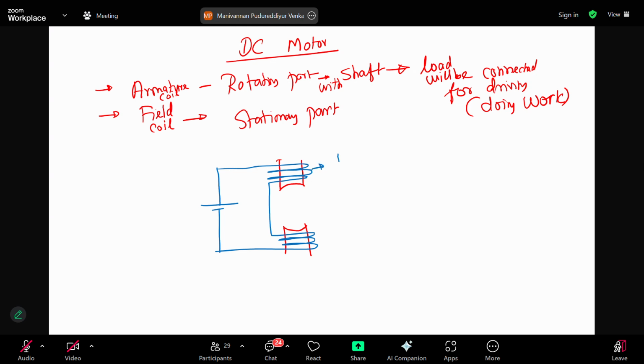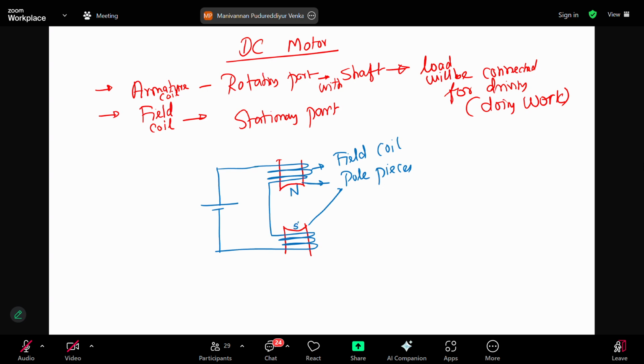This is called the field coil. And this is called a pole, an electrical pole. There are two poles, and we can see that this one is another pole. These are the pole pieces. There are two pole pieces. One will work as a north pole, and the other one will work as a south pole.